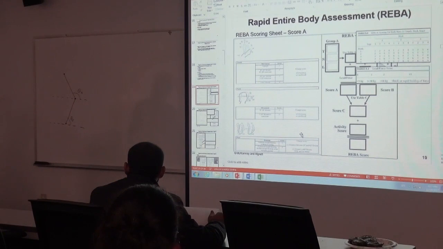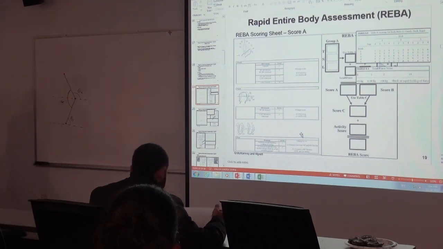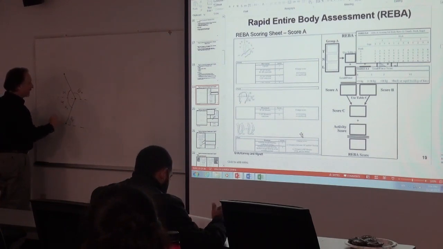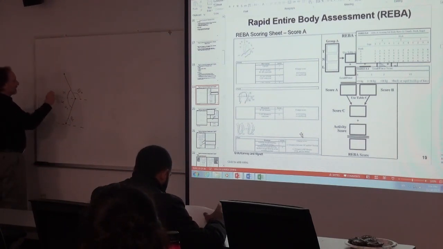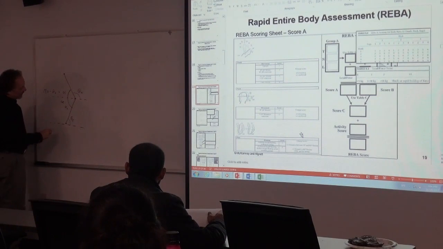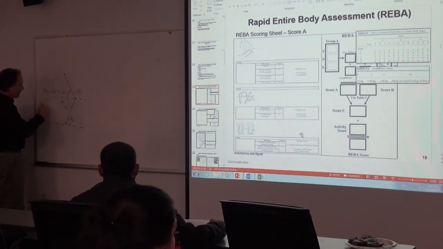Okay. And what we're interested in is this angle, alpha. Okay. So to get this, I'll call this alpha 1 and alpha 2. To get alpha 1, that's going to be equal to 180 minus theta 4. And to get alpha 2, that's going to be equal to this. If this is theta 5, that means that this is theta 5 here. So alpha 2 will be equal to theta 5. Minus.